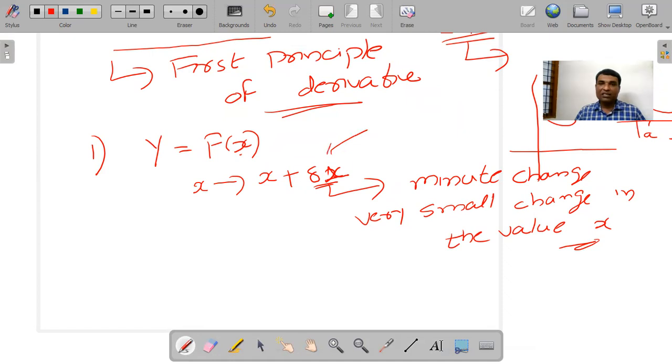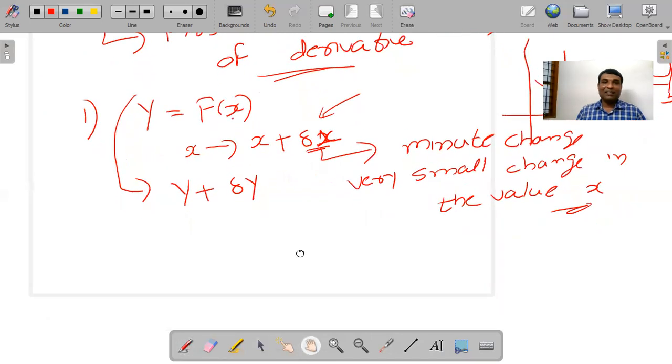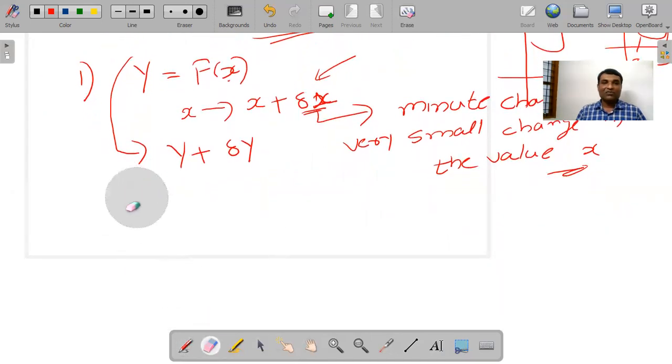Due to this change, let the value of y change to y plus delta y. So delta y represents a very minute change in the output variable. We can represent this condition as y plus delta y.